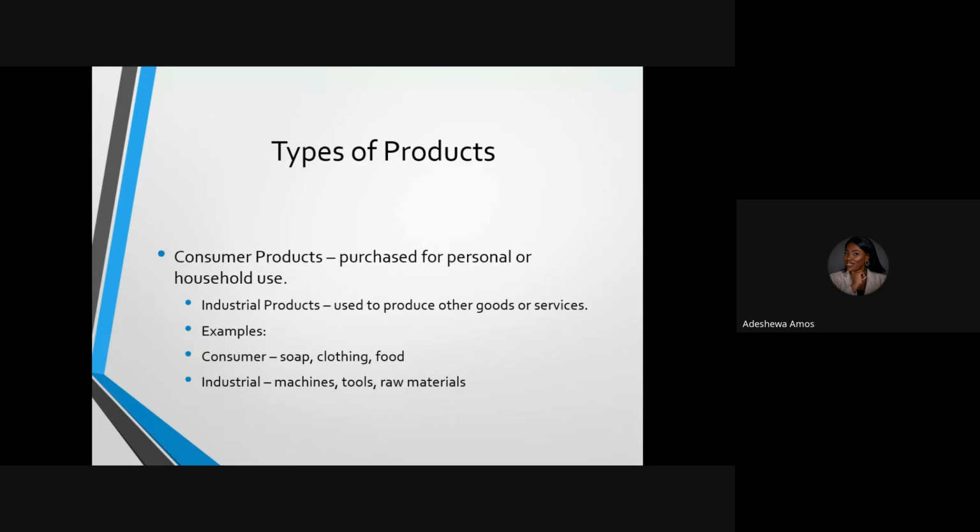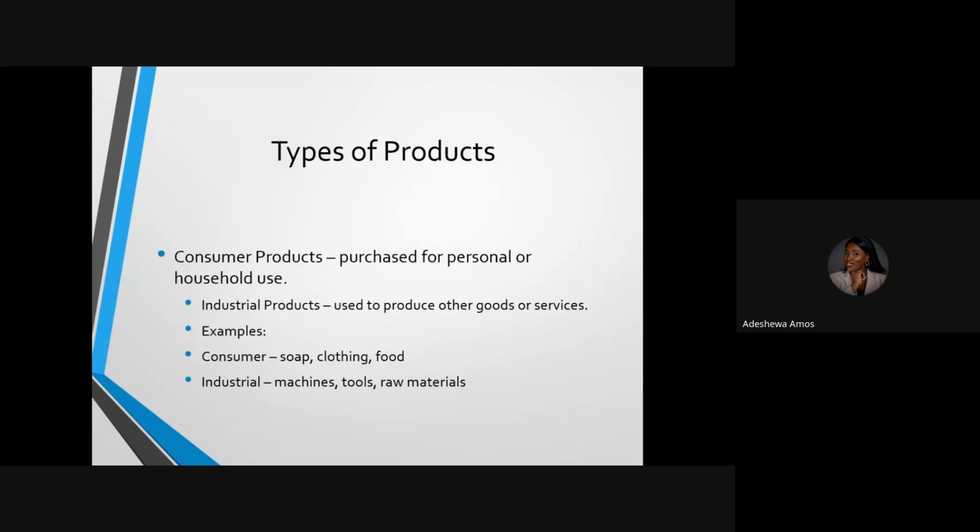Okay, but when it comes to industrial products, they are products that are used to produce other goods or services, meaning that let's say you go and buy machines, you go and buy raw materials, you go and buy maybe big computers and all that, you go and buy generators and all that, you are using them to produce other products.